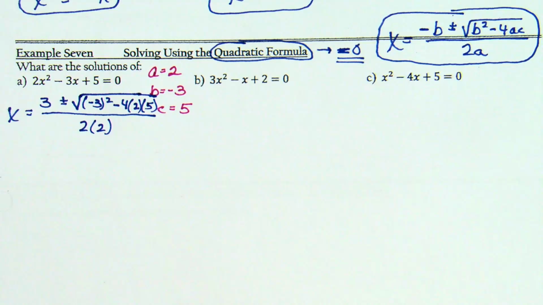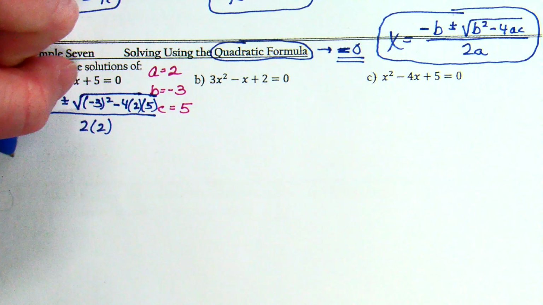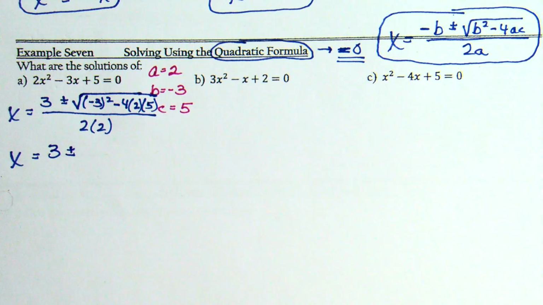3 plus or minus, what's negative 3 squared? 9. Minus 4 times 2 times 5. 40. All over 4.